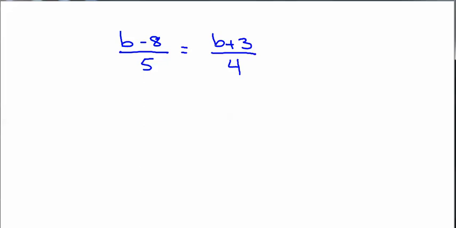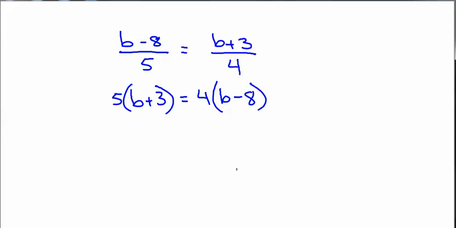Let's do the 5 first. 5 times b plus 3 equals 4 times b minus 8. And a number next to parentheses means to do what? Distributive property. So we're going to get 5b plus 15 equals 4b minus 32.